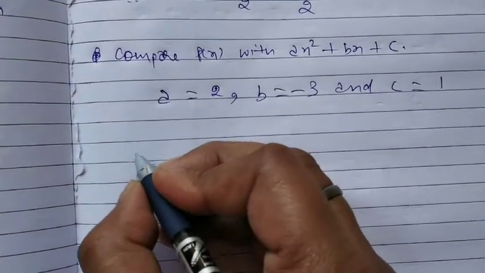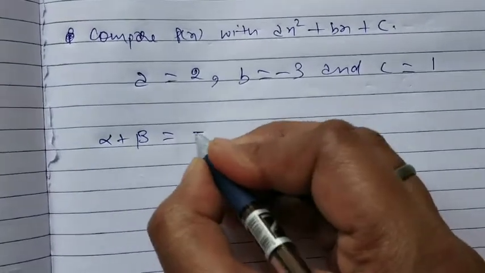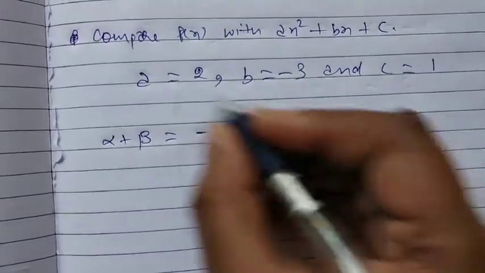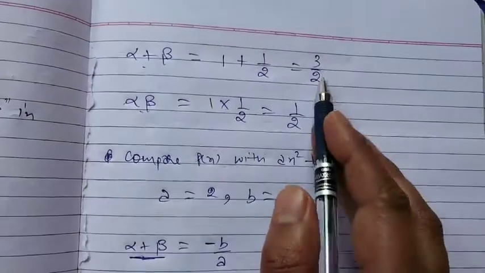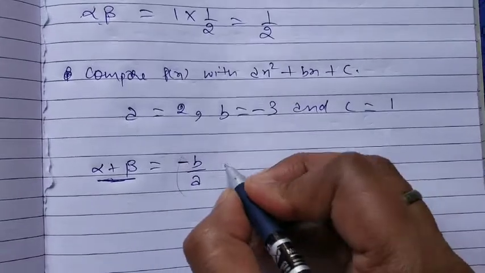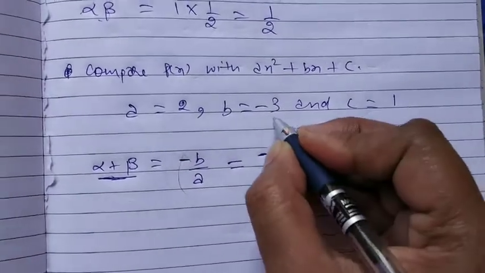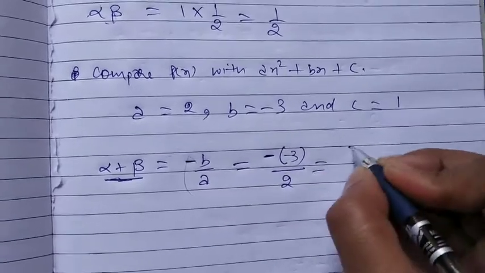Now we all know alpha plus beta is minus b by a. We need to verify this. We calculated this as 3 by 2. Let's check whether minus b by a is equal to 3 by 2 or not. This will be minus, what is the value of b? It is minus 3. What is the value of a? It is 2. So this will be 3 by 2.